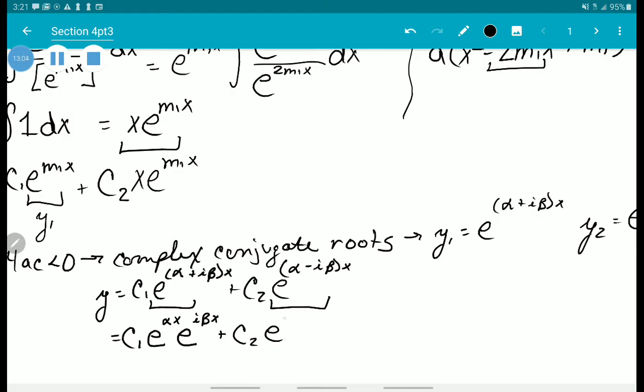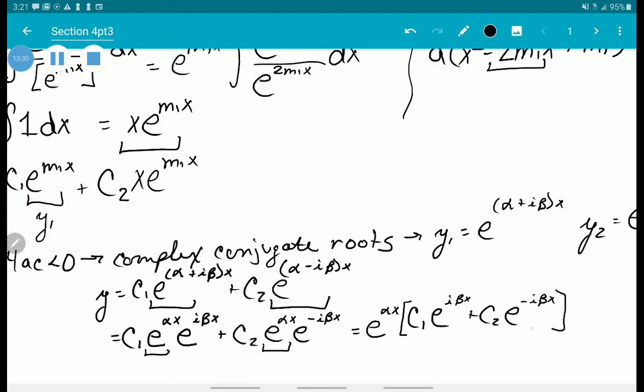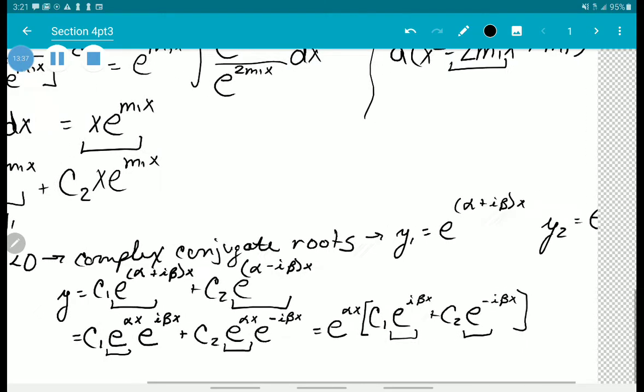So we're going to have e to the alpha x times e to the negative i beta x here. So notice both of these have an e to the alpha x in common. So we could factor that out. So now we have c1 e to the i beta x plus c2 e to the negative i beta x. And this is where we can apply Euler's here and here, since both of those have that exponential imaginary piece.